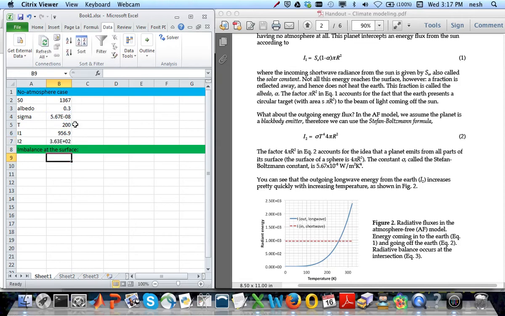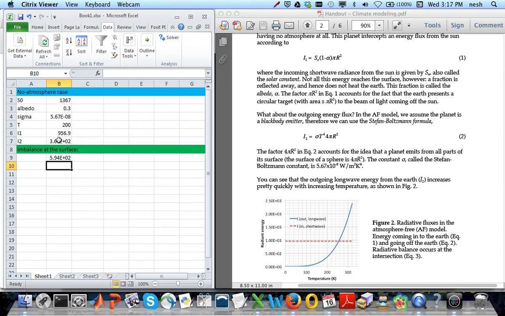Fine, now the last little bit of this is I want an equation that describes the imbalance at the surface. Let's say, the imbalance would be that red amount minus the blue curve there, for whatever choice of the planet I want. So how do I do that? Well, I'm going to once again start with an equal sign and say equals I1 minus I2.